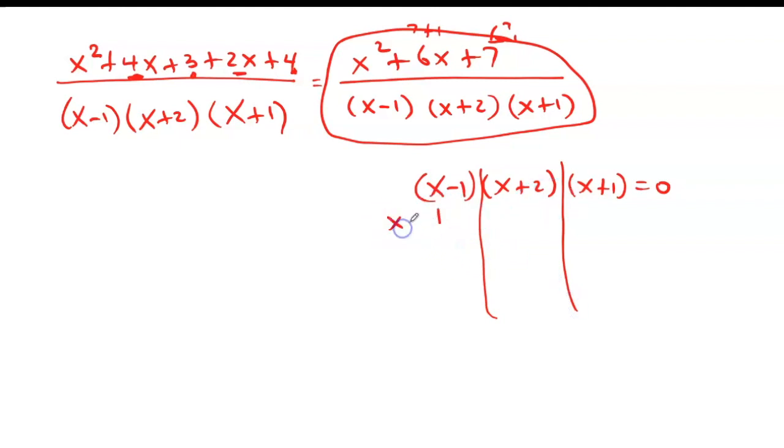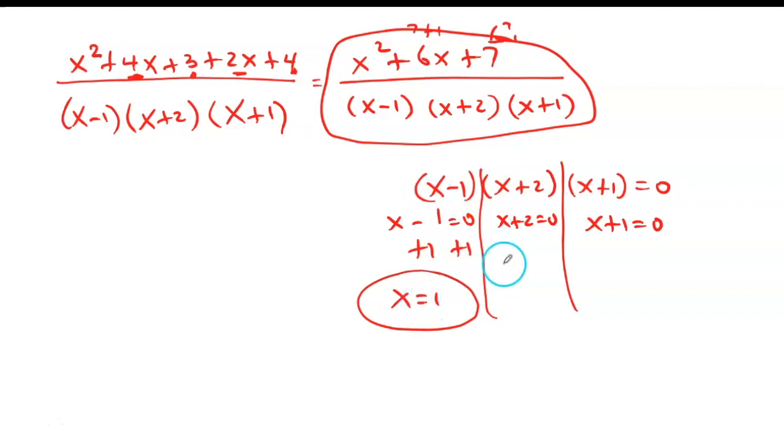I have x minus 1 equals 0, x plus 2 equals 0, and x plus 1 equals 0. Changing the sign, x is going to be 1. So we're going from negative 1 to positive 1. For x plus 2, minus 2 on both sides, x equals negative 2. And for x plus 1, minus 1, the value is negative 1.